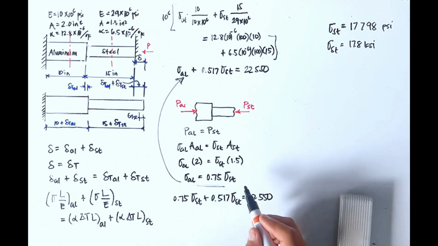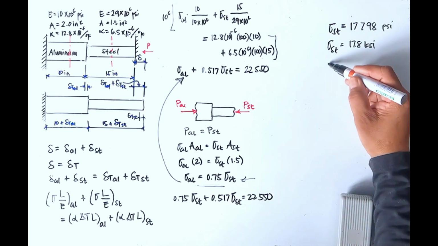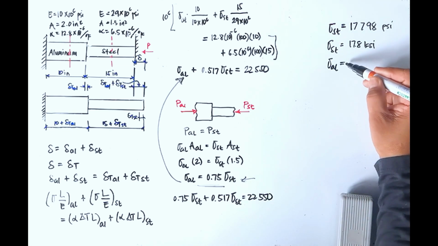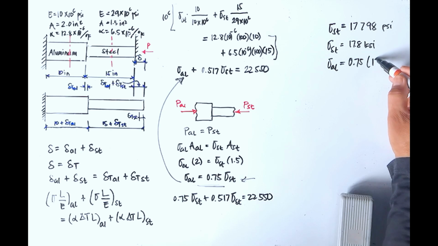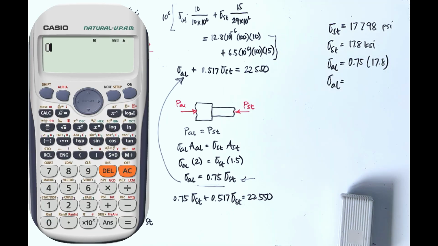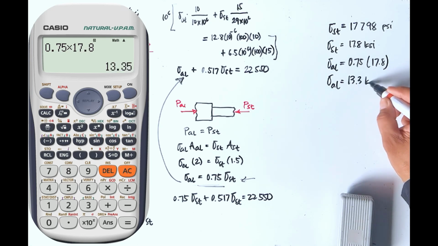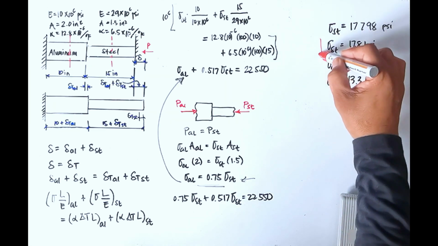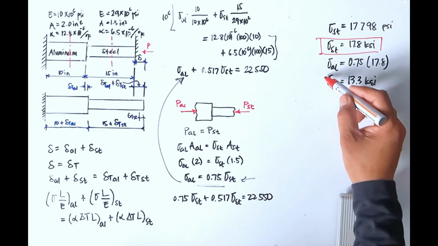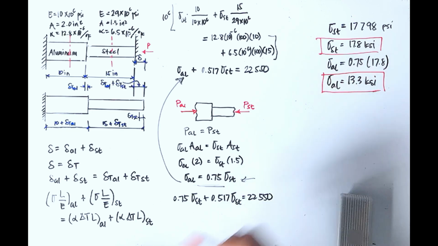And then from here, we get the stress in aluminum, which is 0.75 of 17.8. 0.75 times 17.8 equals 13.3 KSI. Due to the change in temperature, these are the changes in the stresses in steel and in the aluminum.